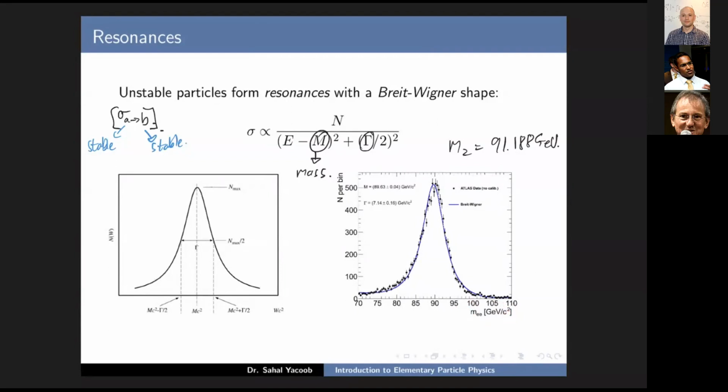Okay. And also a question related to the same slide. Does the height of the peak also indicate the likelihood of the decay? Yes. So if I can just talk about that a little bit more than just saying yes.